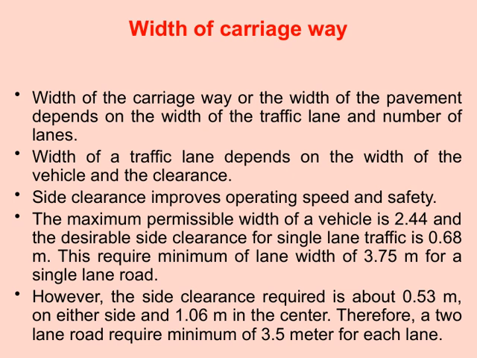So, for a two-lane road, each lane should be at least 3.5 meters wide to maintain these clearances comfortably. In essence, these dimensions are critical because they directly impact safety, traffic flow, and the overall efficiency of the road network. Understanding these principles helps us design roads that are safe, functional, and capable of handling traffic smoothly.